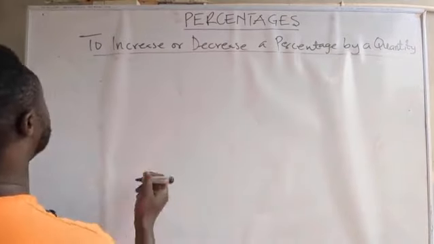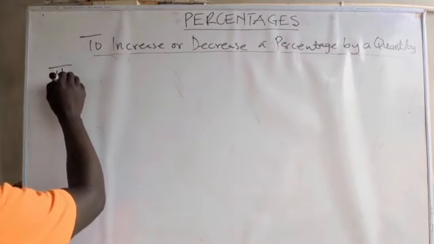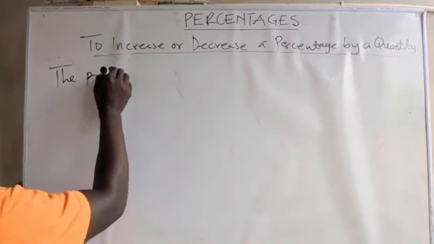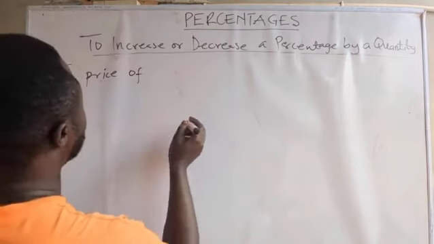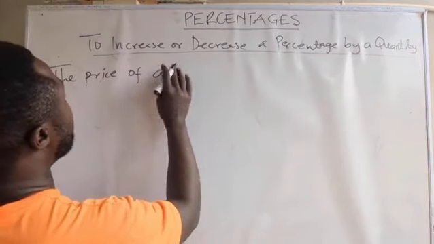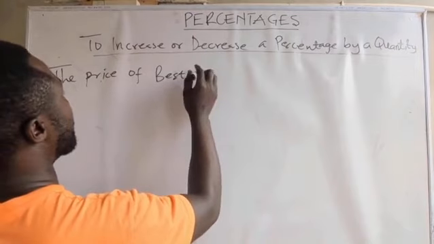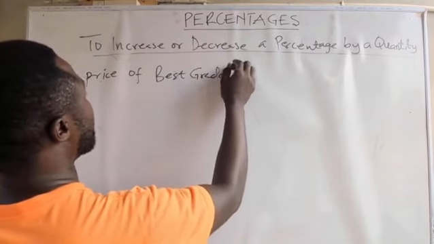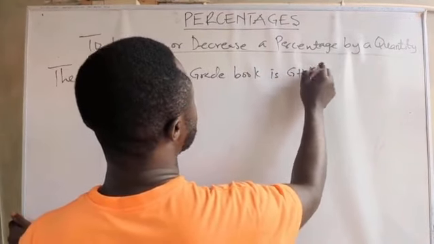Okay, so let's write this. The price of best grade book is 130 Ghana cedis.